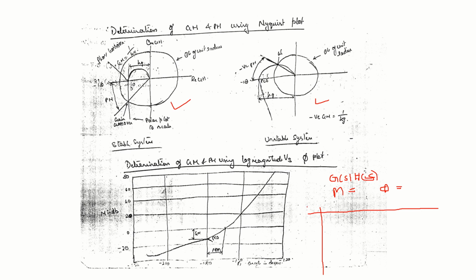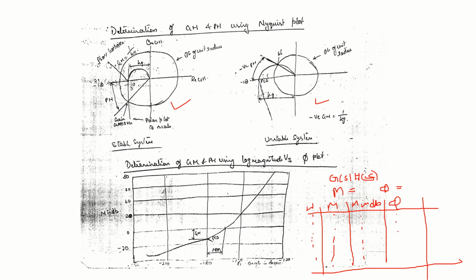Then for different values of omega, take the magnitude and convert it into decibels by taking 20 log of that value. Also take the phase angle in degrees. So you choose a number of values of omega, calculate the magnitude in decibels, and also calculate the phase angle the way you used to calculate in the polar plot.